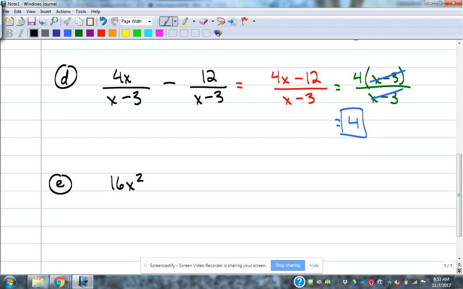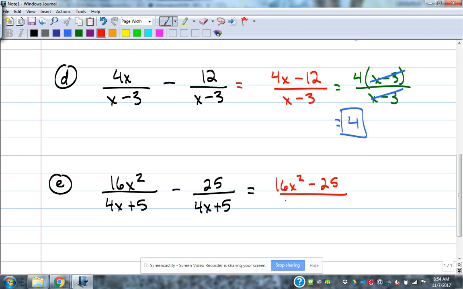How about 16x squared over 4x plus 5 minus 25 over 4x plus 5. Well, denominator's already the same, so I can go ahead and subtract: 16x squared minus 25 over 4x plus 5.